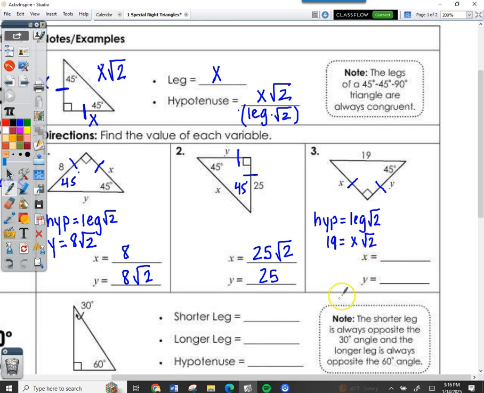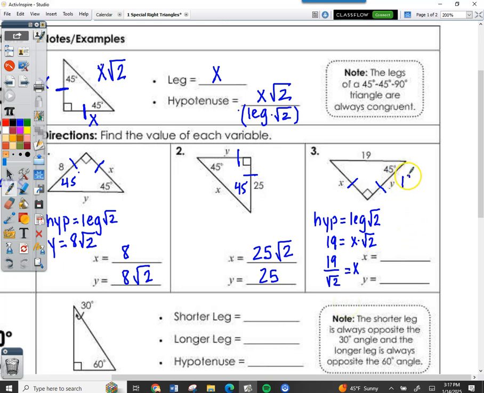Root 2. I need X by itself, so this is attached how? Multiplication, so I'm going to move it by division. It's going to pop up underneath the 19. And as y'all have already learned, you can't leave it down here. So this is going to be one of those that's really ugly.